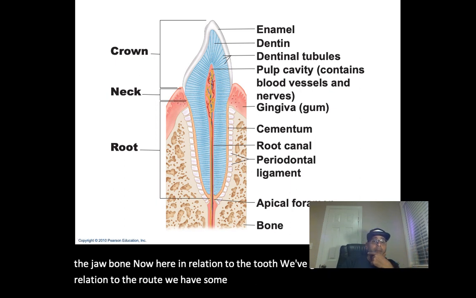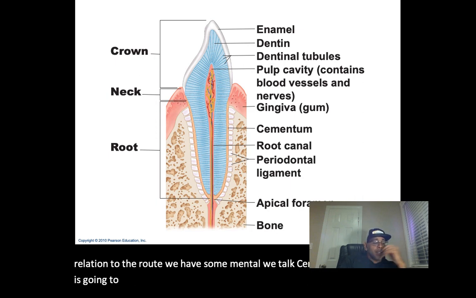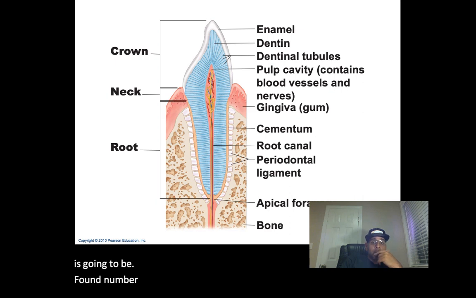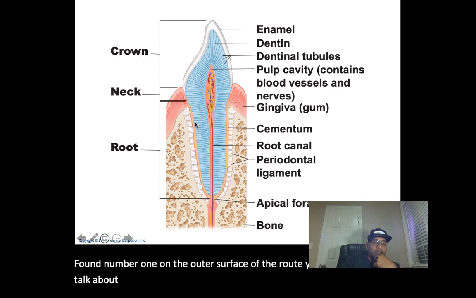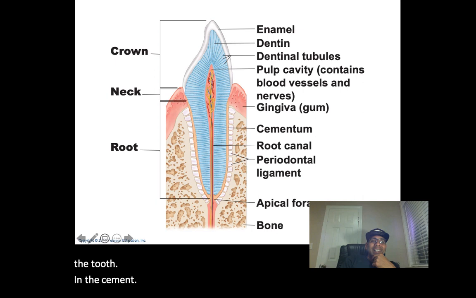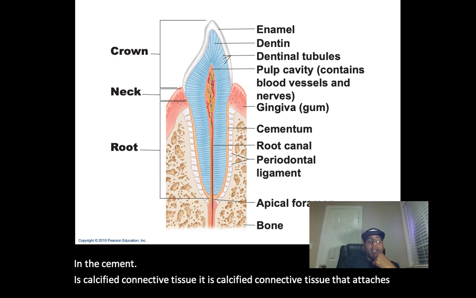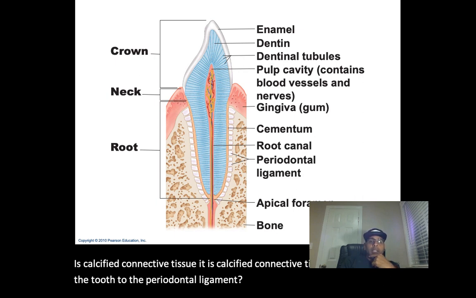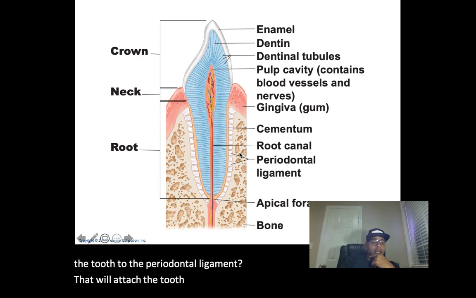Cementum is found on the outer surface of the root, forming that outer surface of the root of the tooth. The cementum is calcified connective tissue that attaches the tooth to the periodontal ligament.